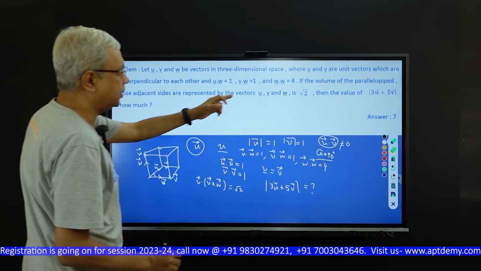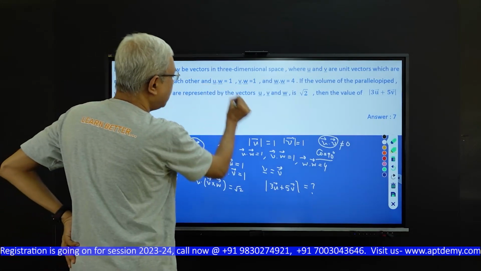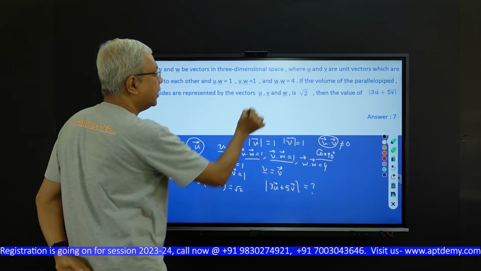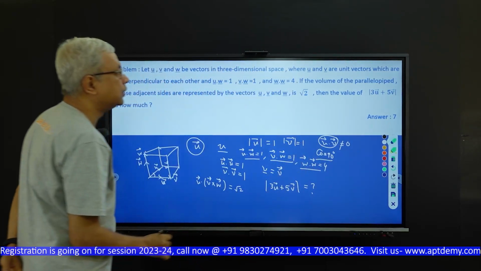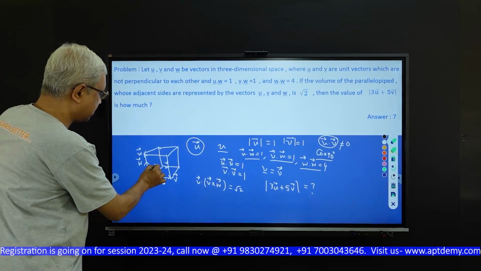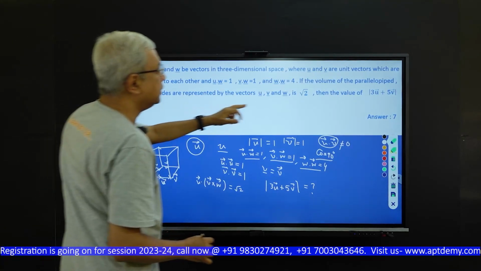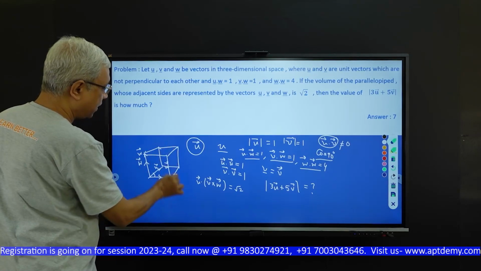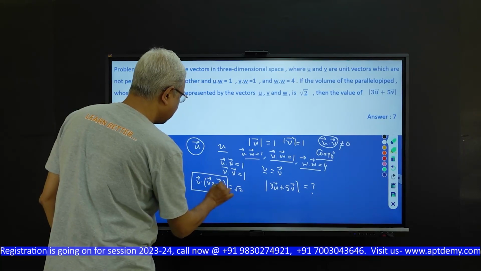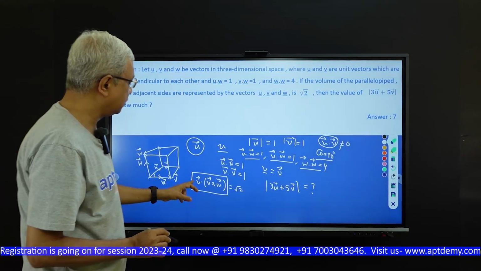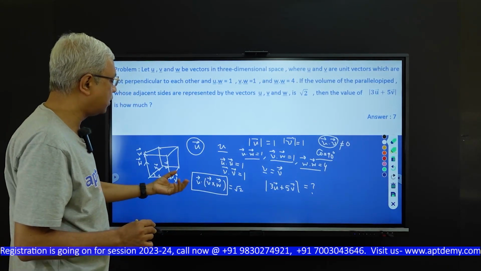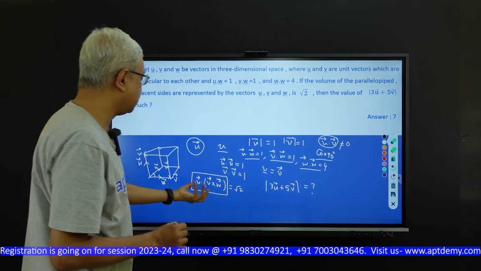And u dot w is equal to 1, v dot w is equal to 1, and w dot w is equal to 4. If the volume of the parallelepiped whose adjacent sides are represented by the vectors u, v and w is root 2, that means a parallelepiped like this, and the volume of a parallelepiped formed by three vectors u, v, w is u dot v cross w, or it can be written as v dot u cross w, or w dot u cross v, whatever.